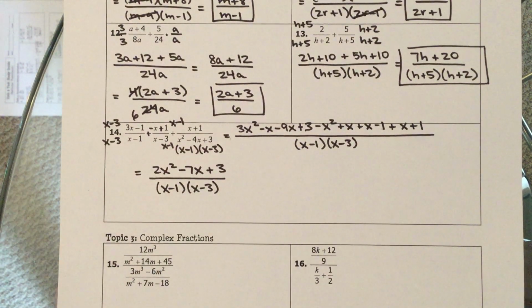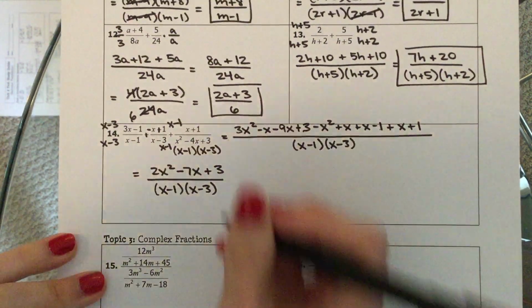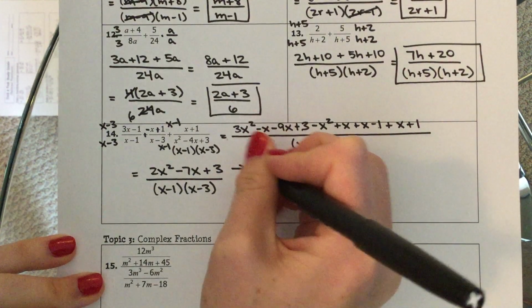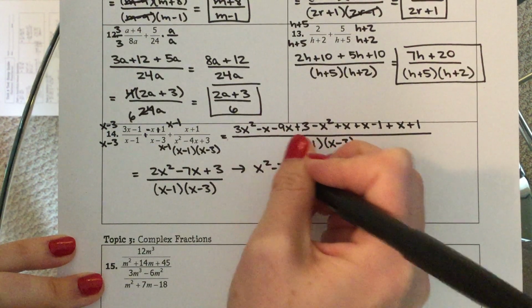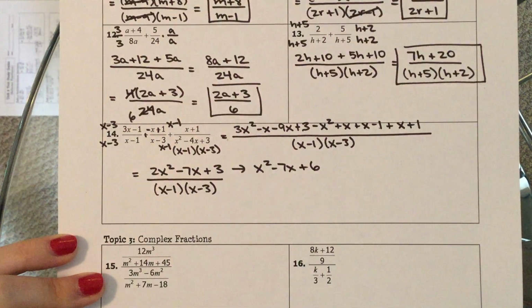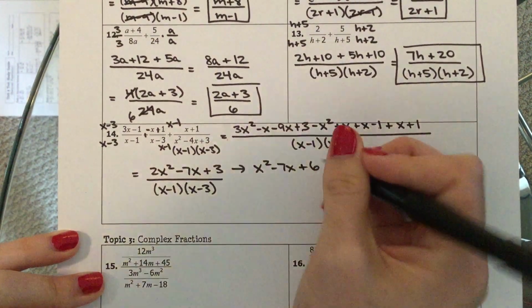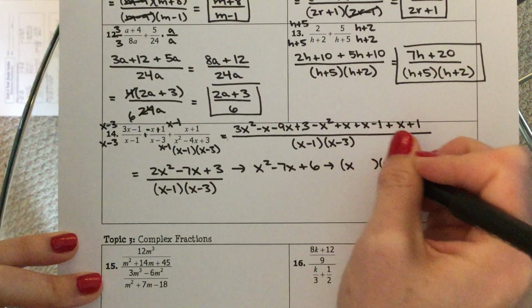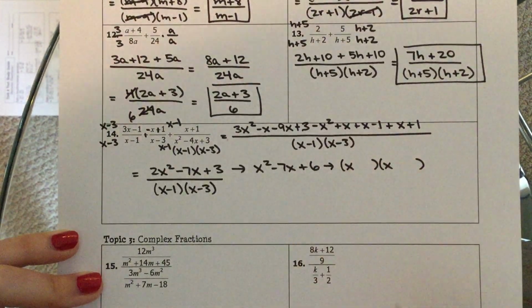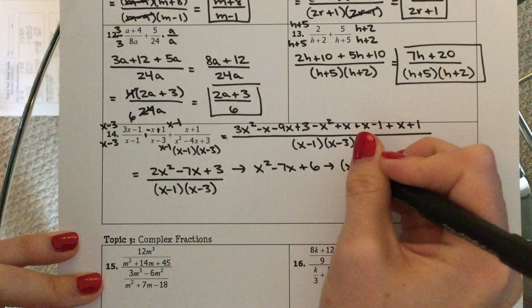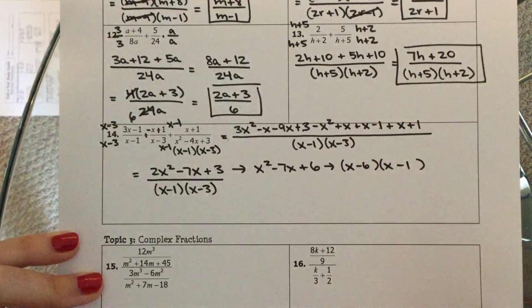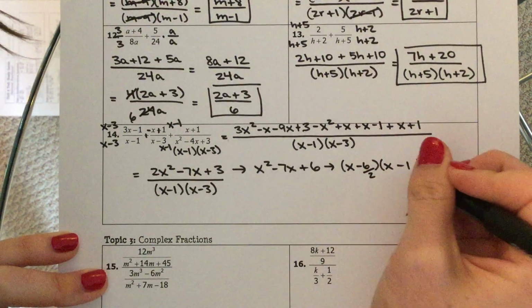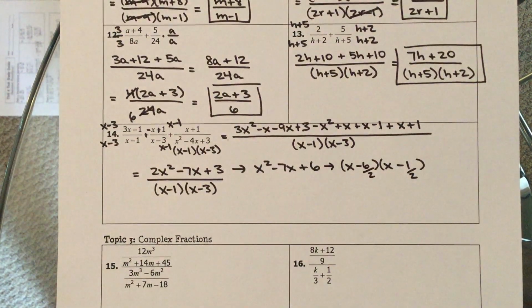Okay, so let's check this out, see if we can do a slide divide. So this numerator, slide divide like that. Slide the 2 and multiply it by the 3. And this is x times x. To get the 6 and add up to a negative 7, we would have minus 6 minus 1, and then divide by the 2 to finally finish off that factoring.